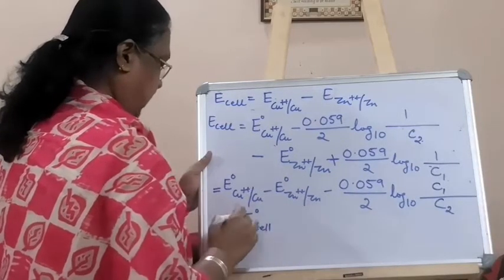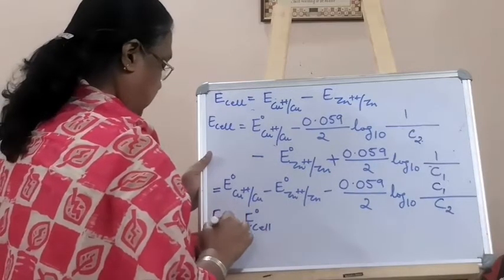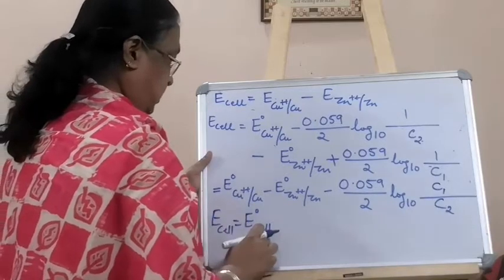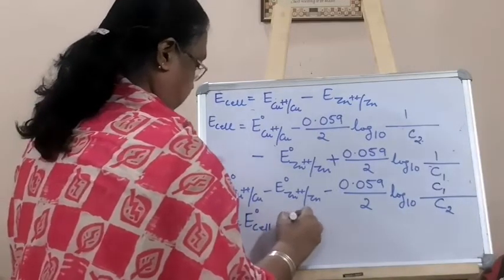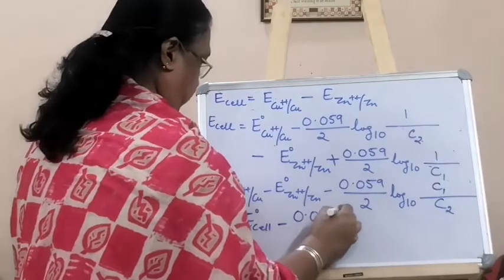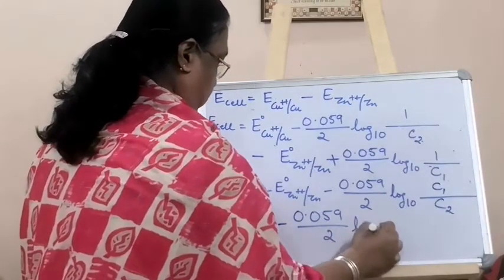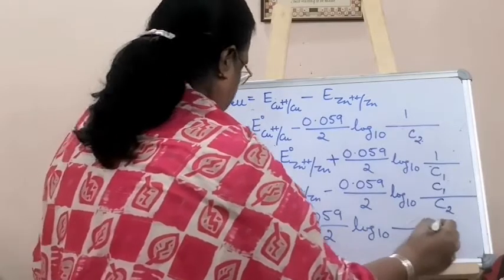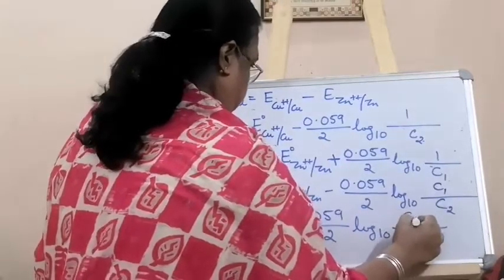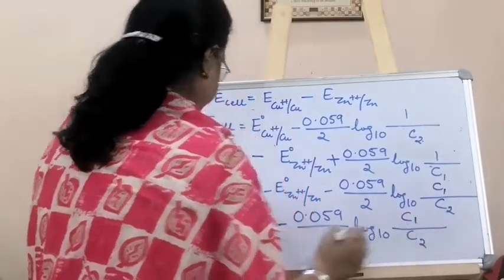So you can say that E cell is equal to E0 cell minus 0.059 upon 2 log base 10 of C1 upon C2.